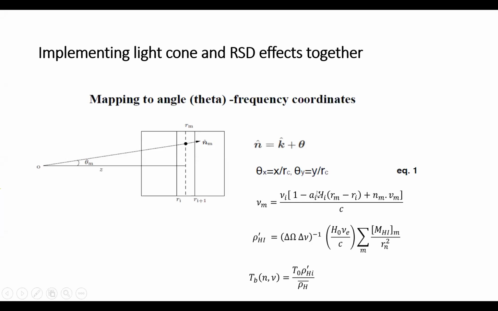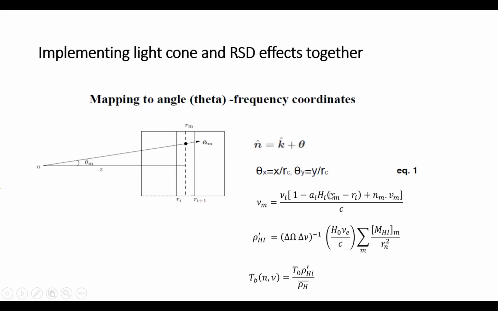The last term, n dot v, is the correction due to the peculiar velocity. You have velocity information, and you have to consider the line of sight velocity, not the entire velocity. The line of sight velocity will contribute to the redshift correction, and the second term is basically the Hubble velocity.